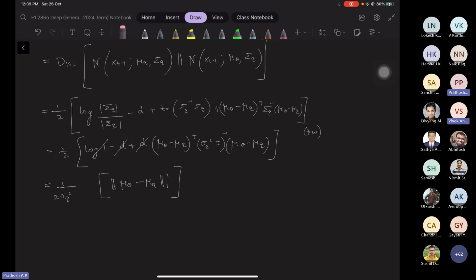Okay, so is this all right? Finally this ELBO thing boiled down to there was this term.